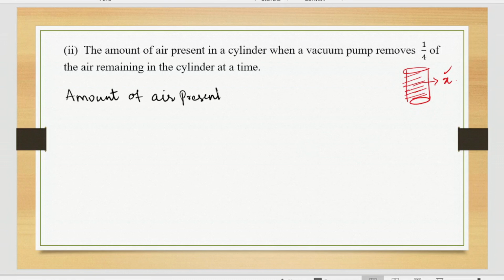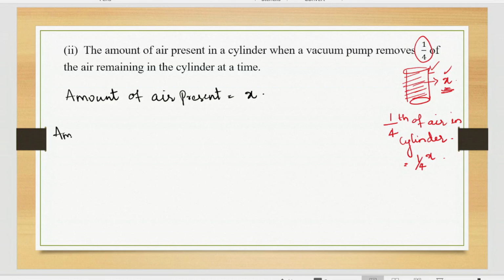So when we put a vacuum pump to the cylinder, it removes 1/4 of the air from the cylinder. The cylinder has x air, right? When 1/4 of the air is removed from the cylinder, that will be 1/4 of x. If 1/4 of x air is removed, then what is the amount of air present in the cylinder?